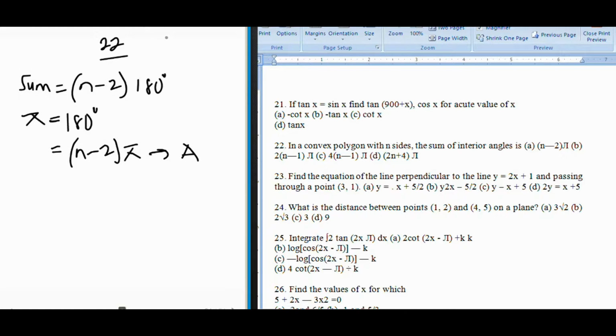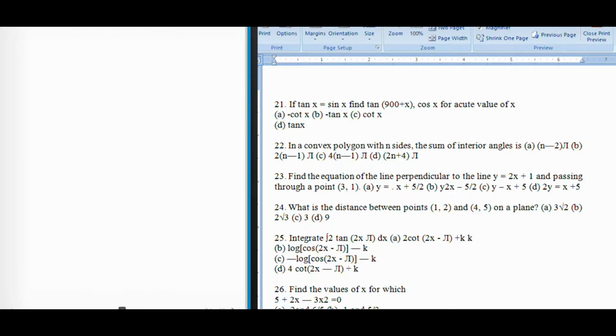Now the next question is, find the equation of the line perpendicular to the line y equals 2x plus 1 and passing through the point (3, 1). Now the first thing you do here is this.